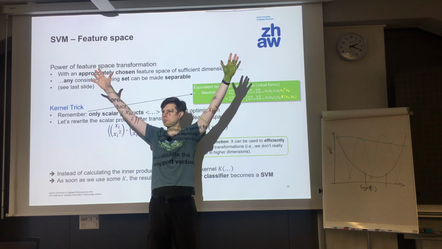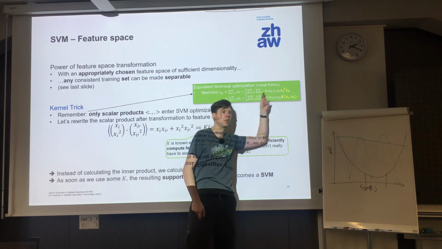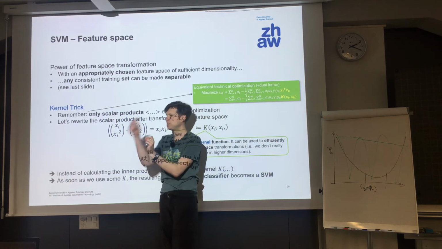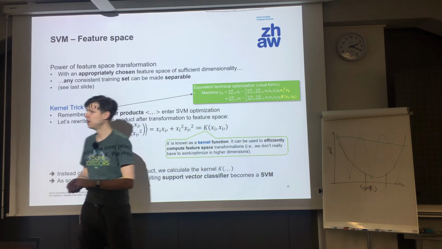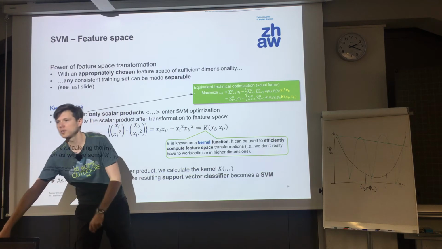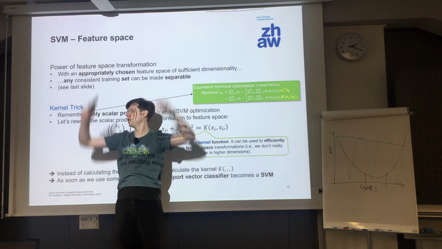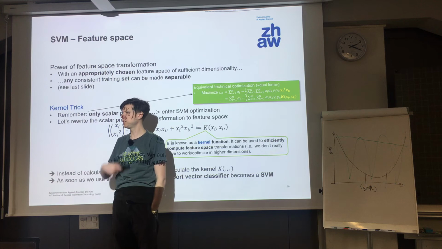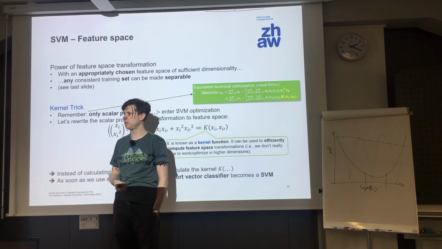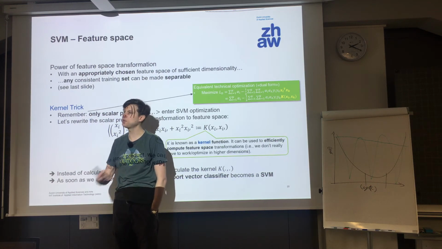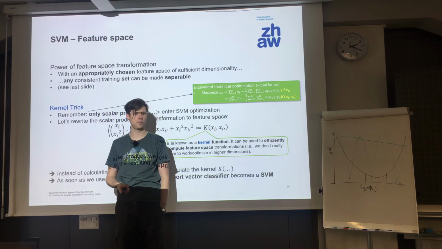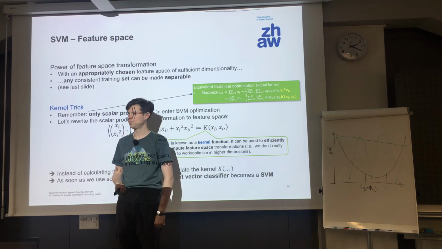This actually doesn't matter, because in the end, what enters the optimization is just the scalar that results from the function. So it's actually not more costly to go to a much higher dimensional space and do the separability thing there and the optimization. It doesn't cost you anything. Just a scalar enters. You have to do it only once. Nice.